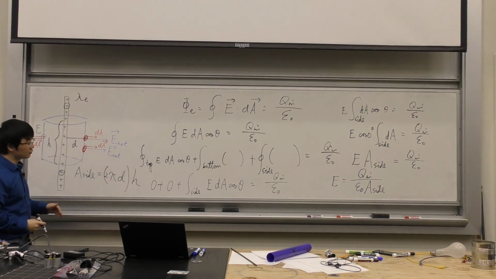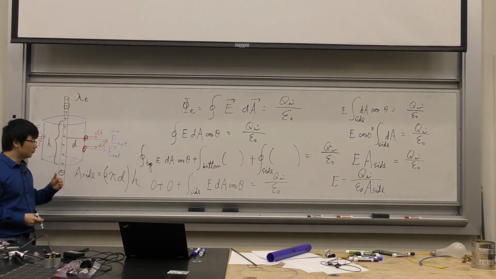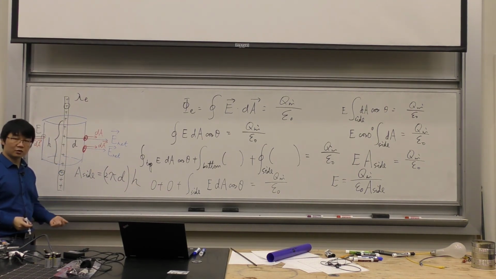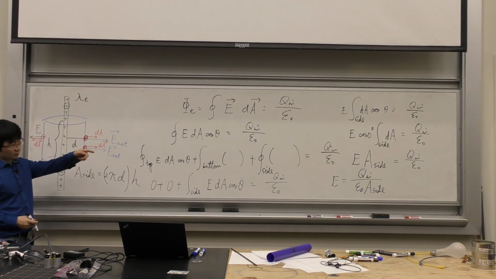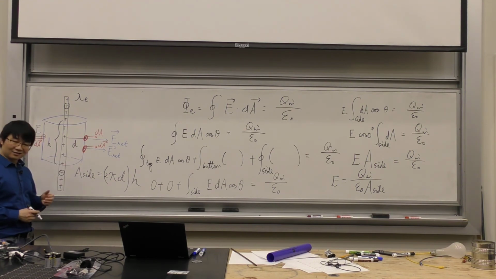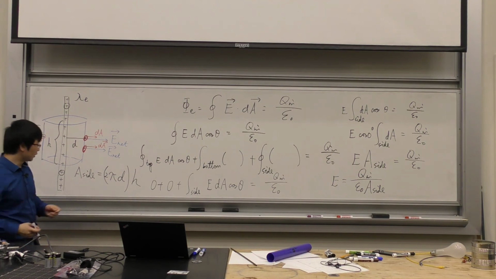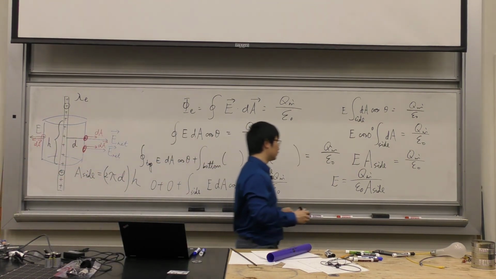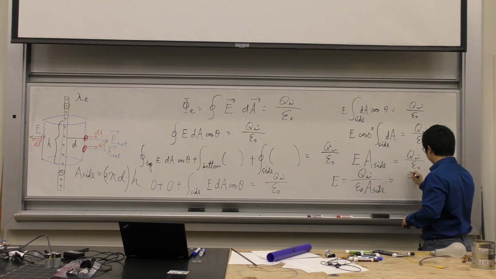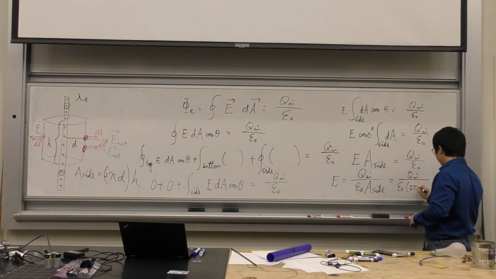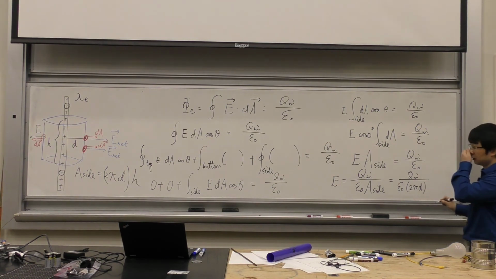Okay, so I introduced the arbitrary variable h, which is not given in the problem, right? So it looks like I'm introducing a new variable which makes the question more complicated. But at the end, this h is gonna cancel, okay? So let's see, this is gonna be the curved side. So Q in over epsilon naught is 2 pi d times h. So that's the area of the curved side.